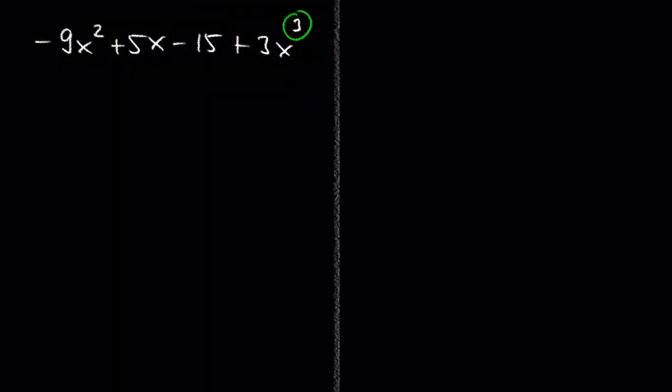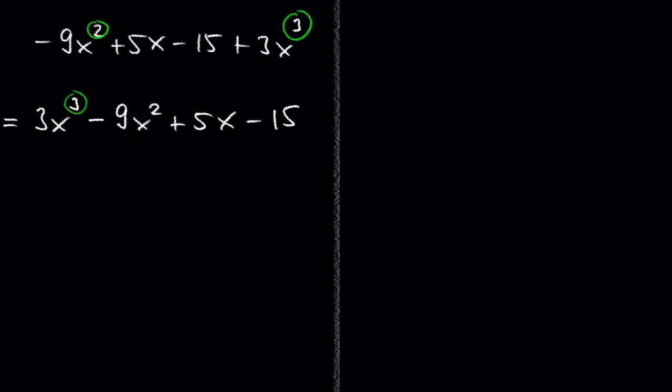Before we factor this polynomial by grouping, we have to make sure that the polynomial is in standard form. In other words, the degrees of the terms have to be in descending order. Descending order means that the term with the highest degree comes first, followed by the next highest degree, which is 2, and so on, till you reach the constant term.